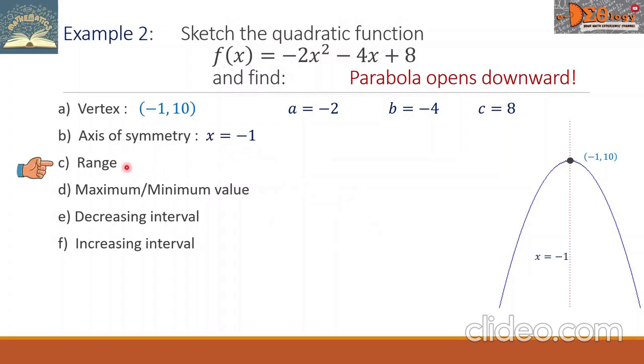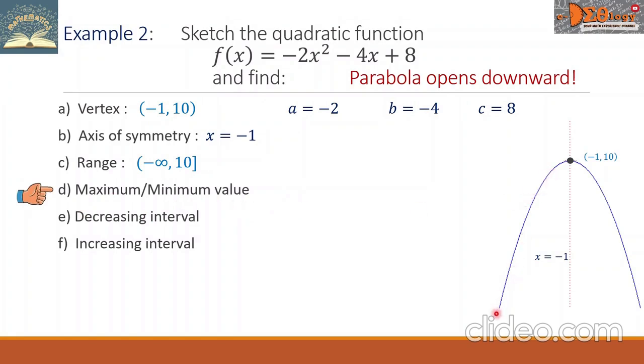Then we go to letter C, the range. Range is the possible values for the y of the graph. Since the graph is going down, the highest value for y is this 10. So the range is from negative infinity up to 10. Then letter D, maximum or minimum value.